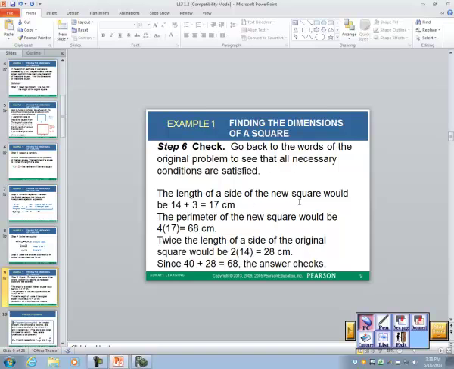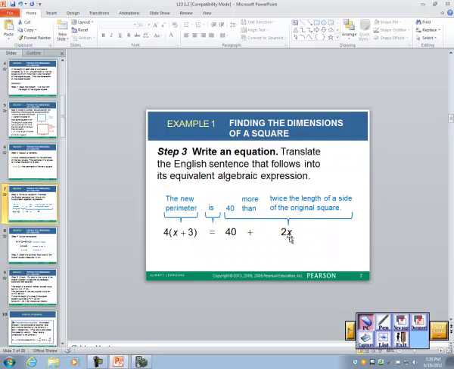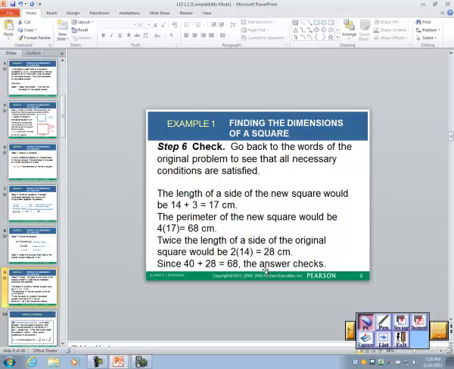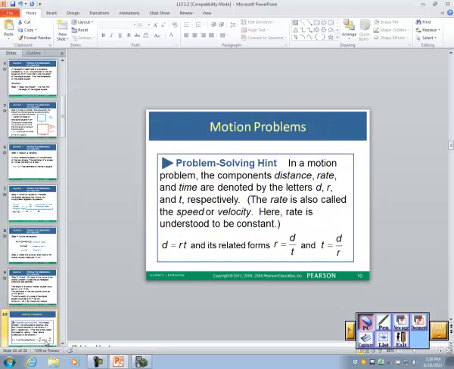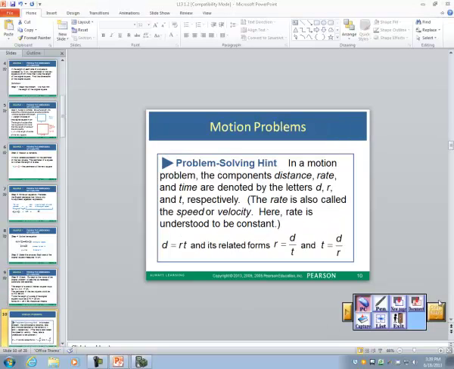The length of the side of the new square would be 14 plus 3, which is 17. So when we substitute 14 back into our equation over here, everything checks. We get 68 equals 68 on both sides. Okay, next.